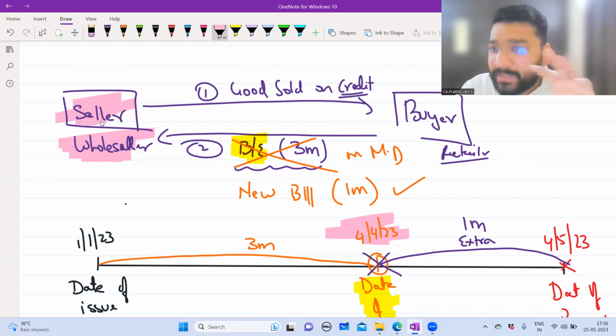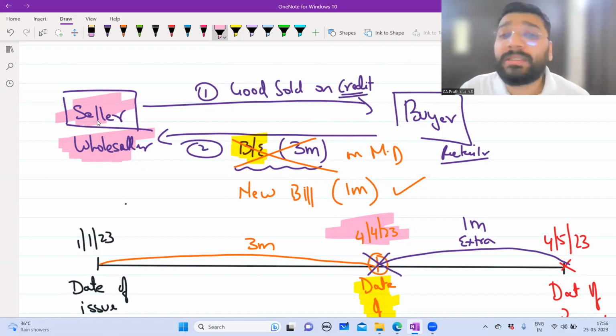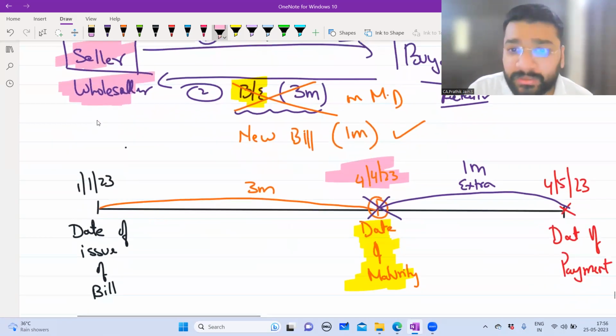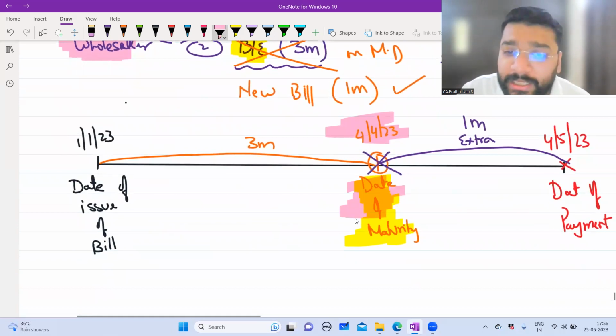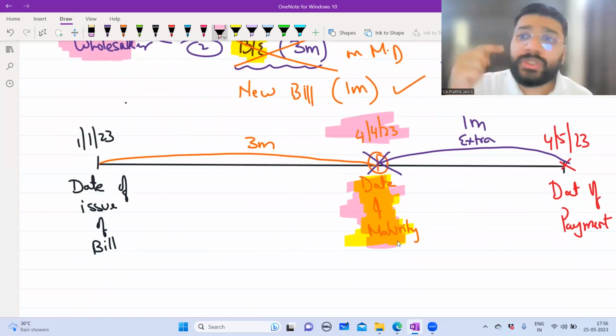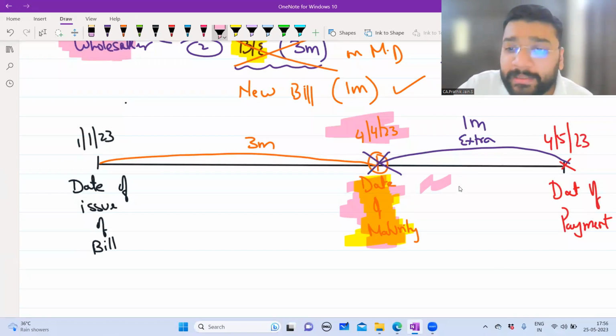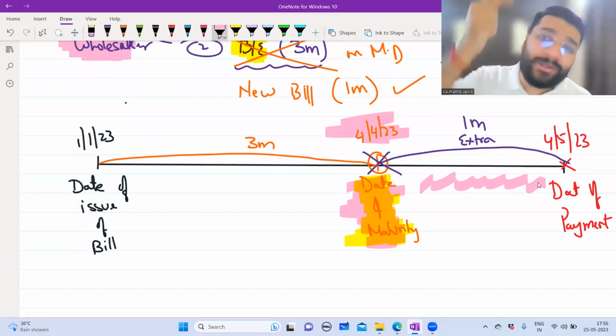So if it's a genuine scenario, the seller would want to consider the request and grant an extension. But don't you think that, from the seller's point of view, since he is not able to get the money on the maturity date, his opportunity of buying and selling laptops during this period is lost?